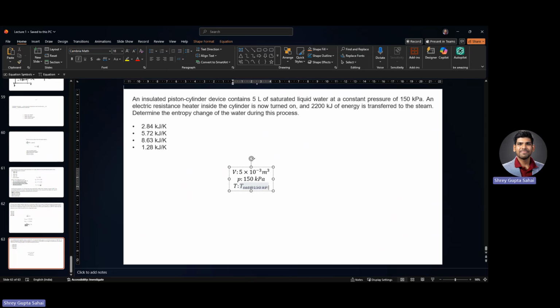That is what the temperature is. So we know the state of this initial condition.